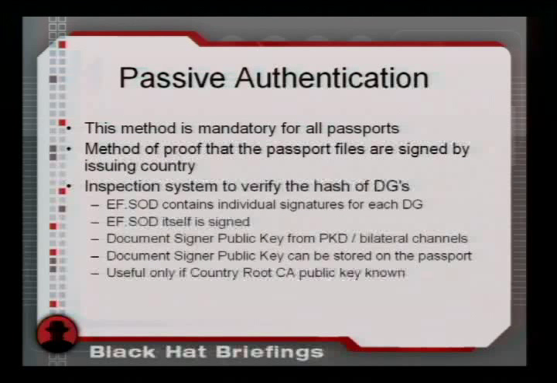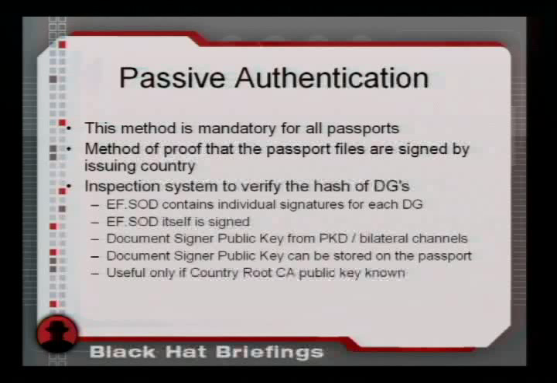We have passive authentication. This type of passive authentication is mandatory for all passports, and it's the method of proof of the passport, and the files are signed by the issuing country. The inspection system has to verify the hash of the data groups. Each security object data contains individual signatures for each data group, and the EF-SOD is signed itself.